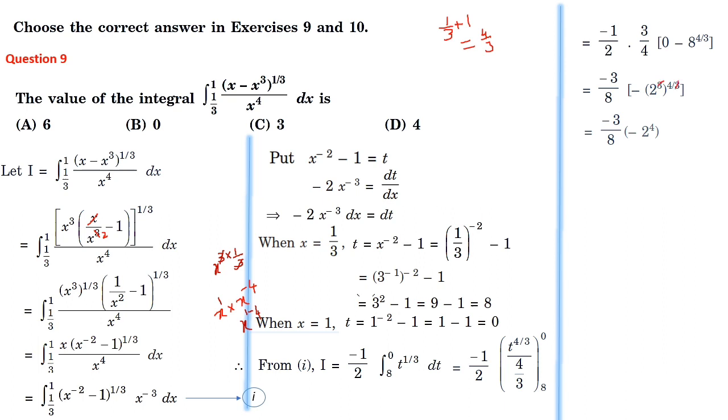So minus 3 by 8 into minus 2 power 4 is the balance. That is 3 by 8 into minus times minus is plus, 2 power 4 is 16. And this 8 and 16 we can cancel 2 times. So the answer will be 3 into 2, that is equal to 6. So here the answer 6 is option A. So the correct option is option A.